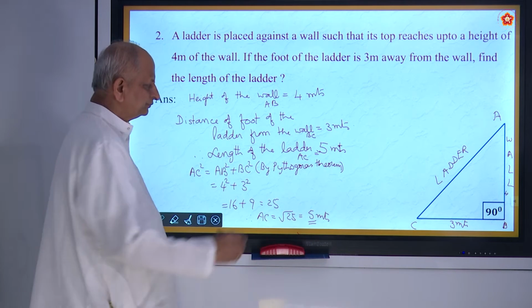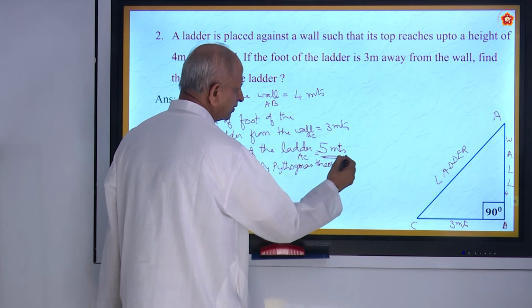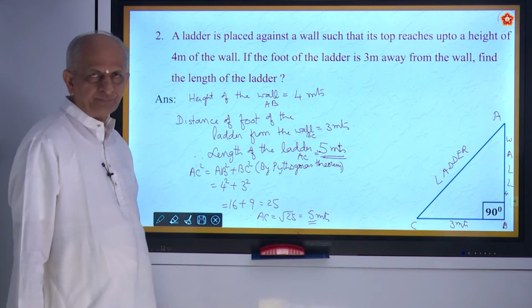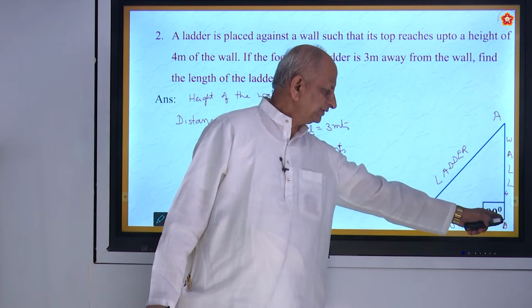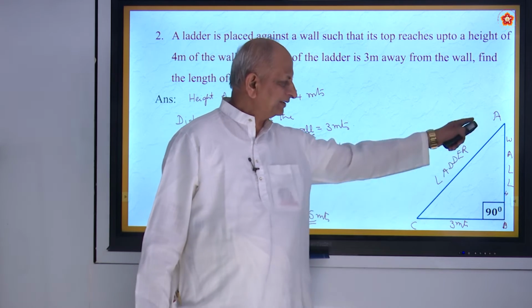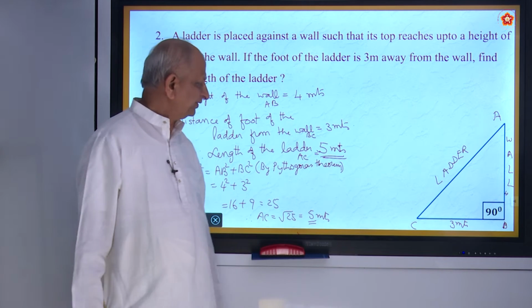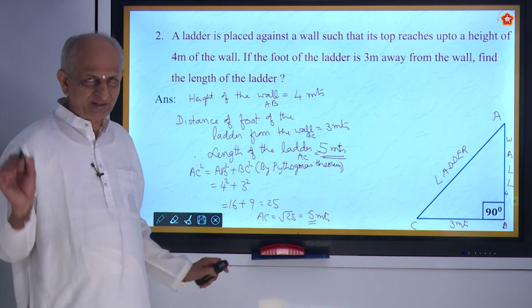Is it clear? This is the height of the wall, 4 meters. This is the distance, 3 meters. Ladder length they are asking. That is 5 meters. Is it okay?